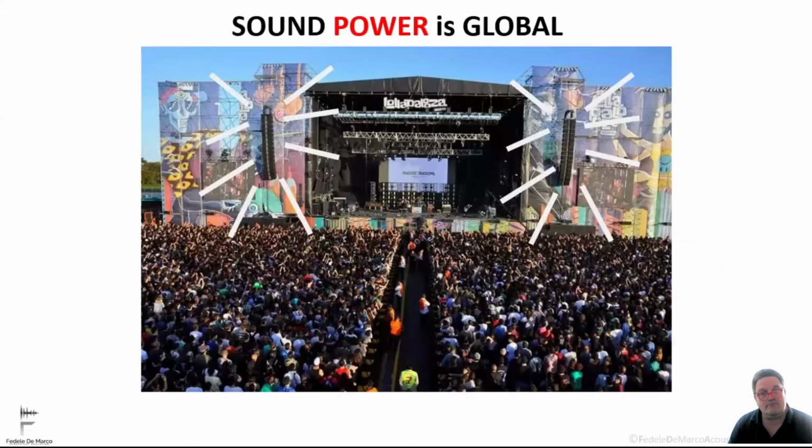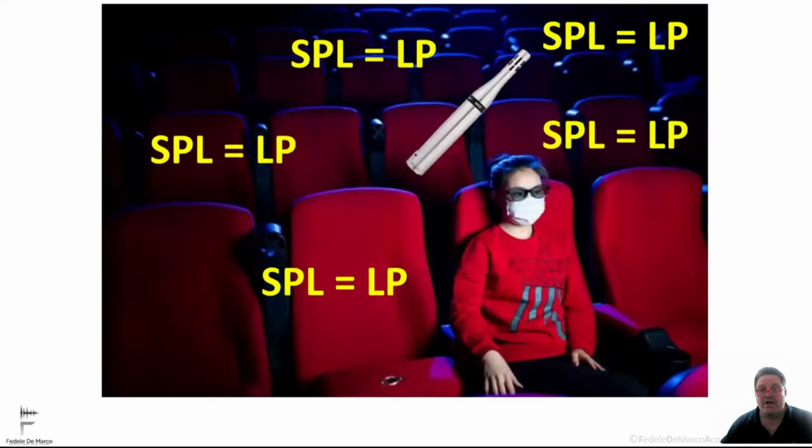Power level Lw represents the global sound energy that the source irradiates in the room, in the medium, and it is global. Pressure levels instead are local. Pressure is local, is related to the specific position and describes what happens there.